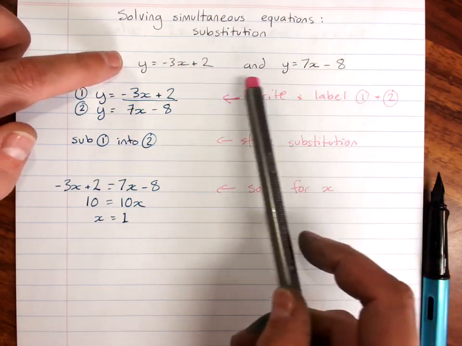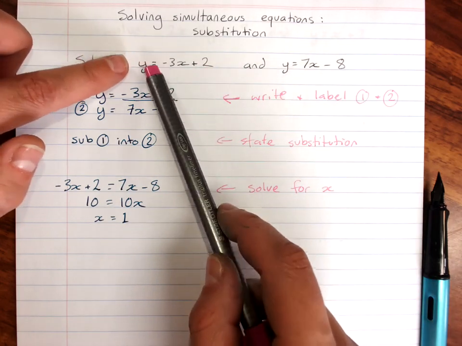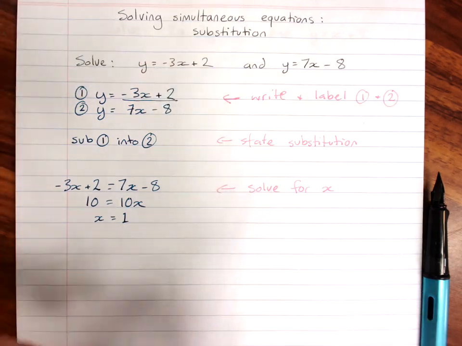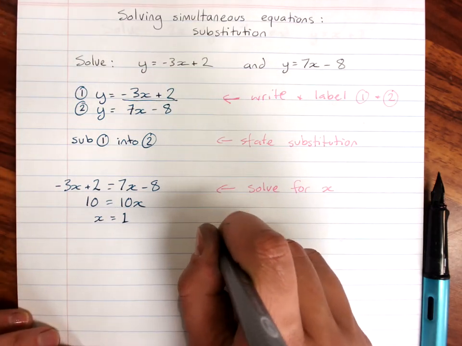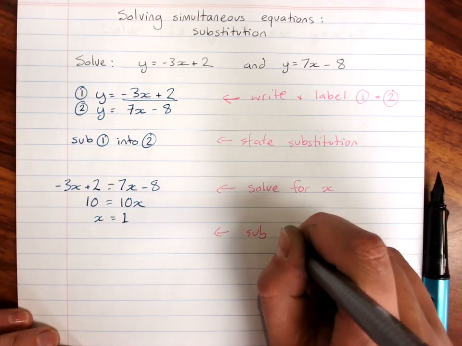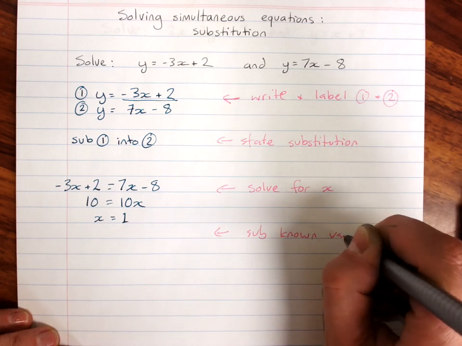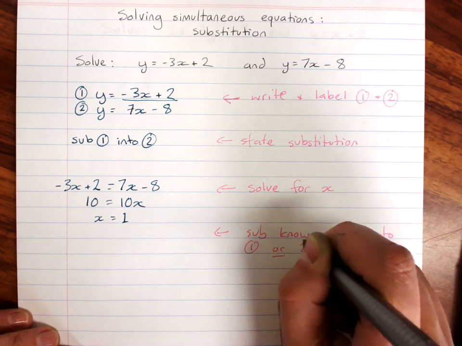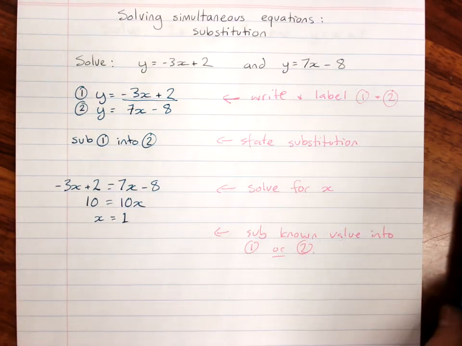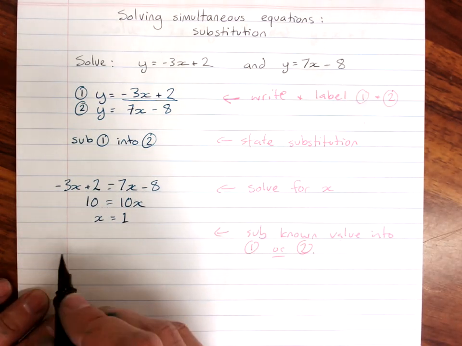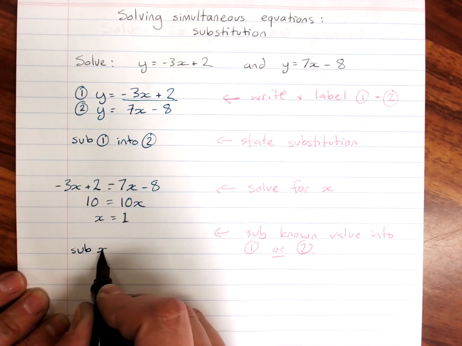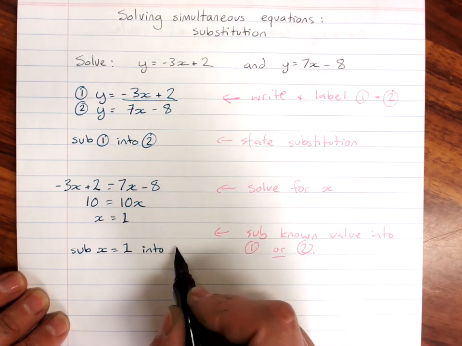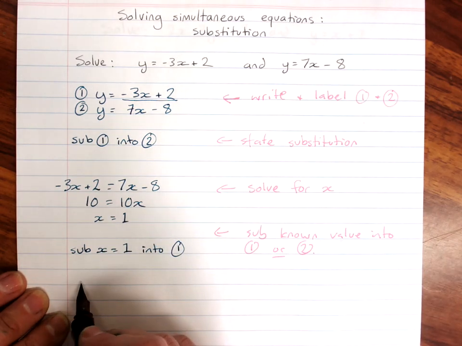Either one really. Sometimes it's very obvious. When we've got one in terms of y and one isn't in terms of y, choose the one that's in terms of y usually. So you substitute the known value and you say that you're doing that. Substitute x equals 1 into which equation? Let's use equation 1. Write equation 1.